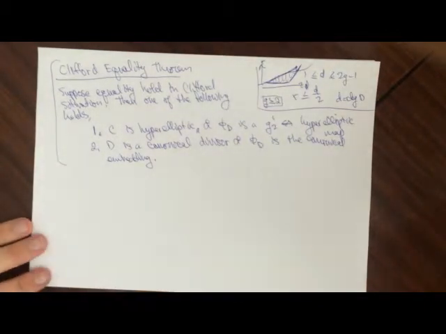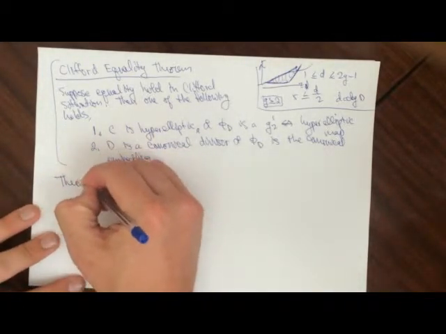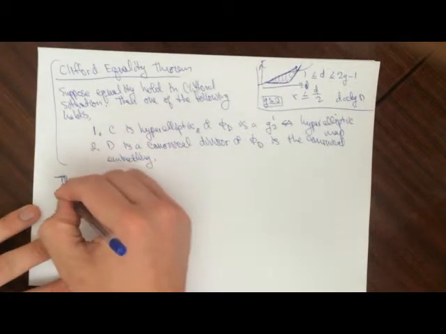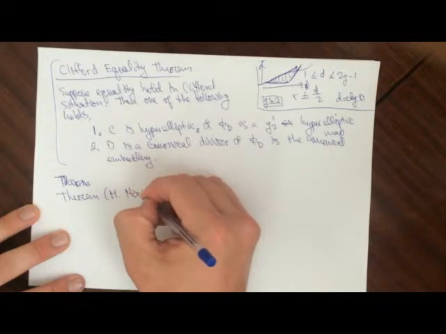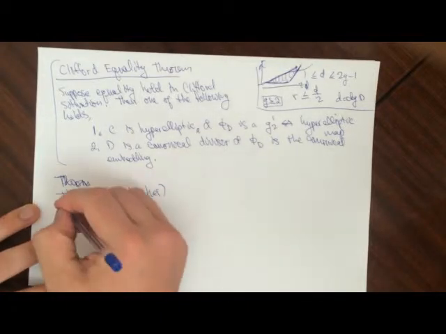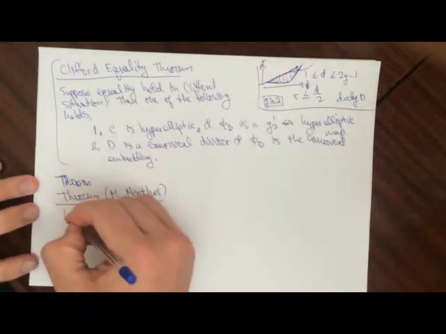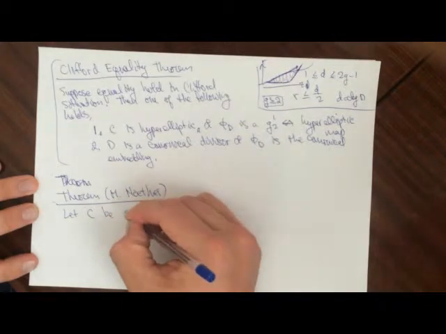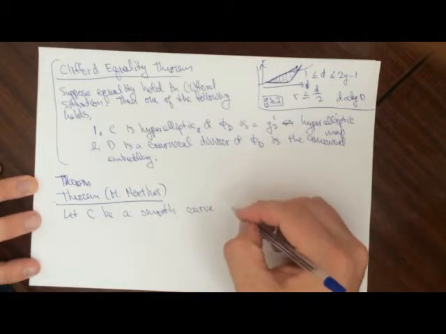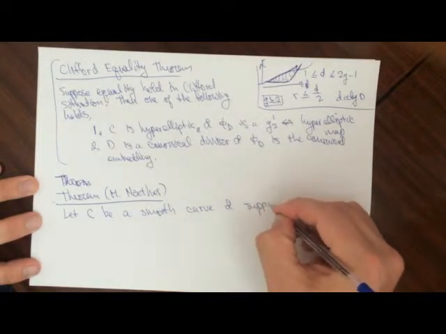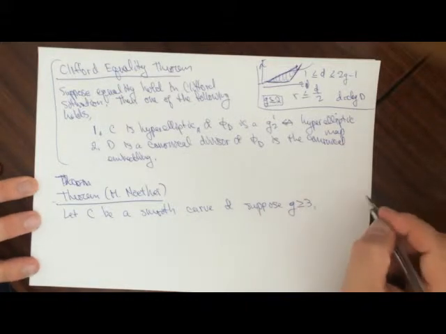Okay. So now let me say the theorem. The theorem of Noether. So this is the Noether of Brill-Noether theory, which is not Noether. Okay? So let C be a smooth curve. And suppose its genus is bigger than or equal to 3.